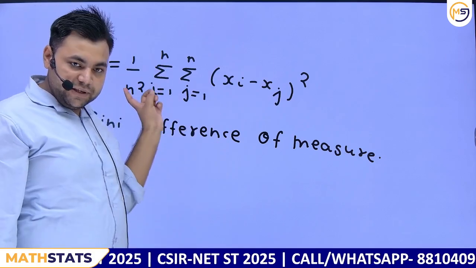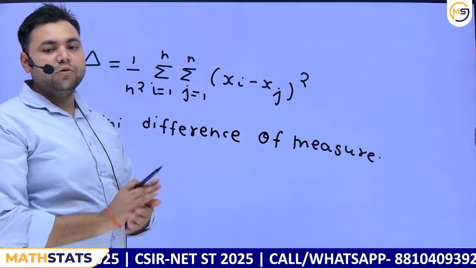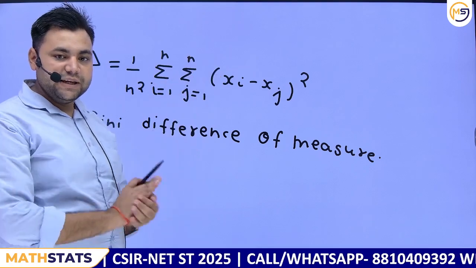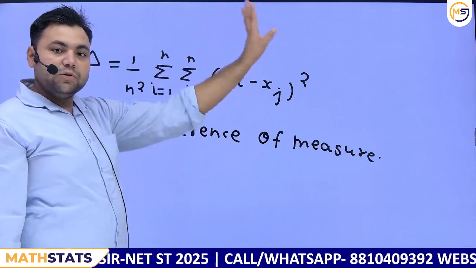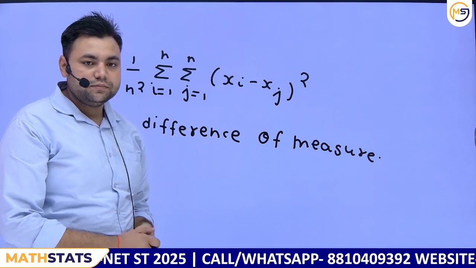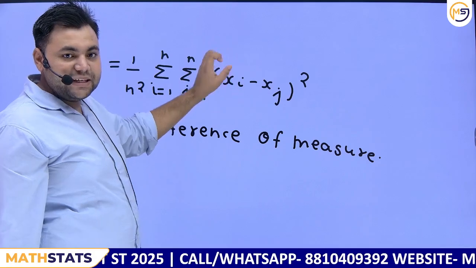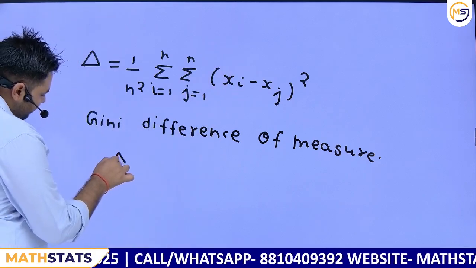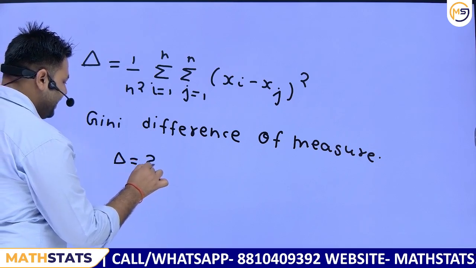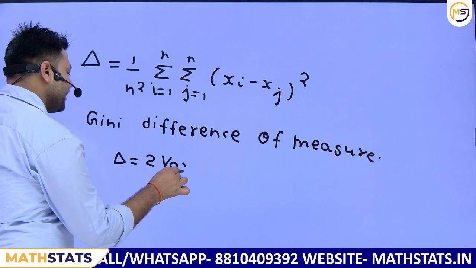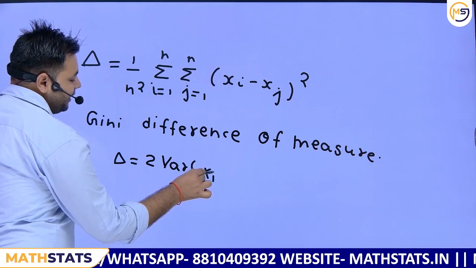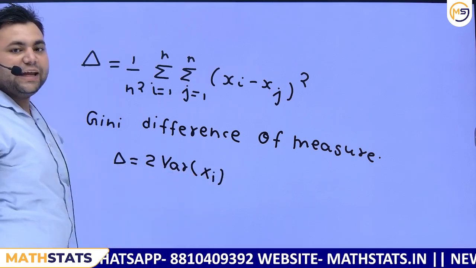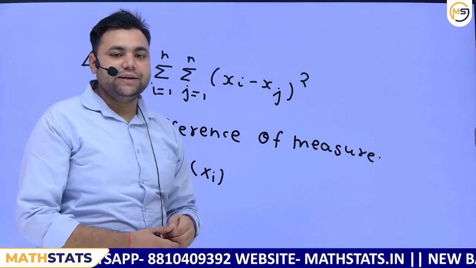This measure of dispersion only depends on the data. Other measures of dispersion depend on a central value, some on median, some on mean, almost all on mean. But this measure does not depend on mean. You can easily prove delta equal to 2 times variance of xi.